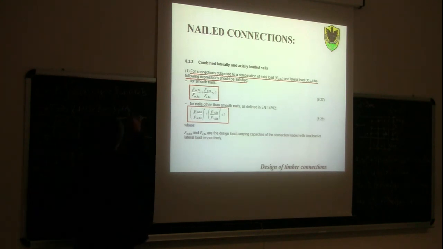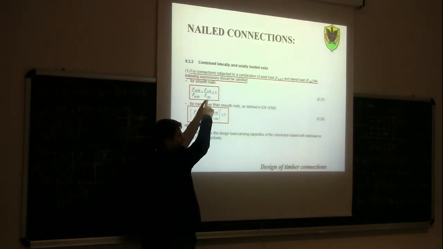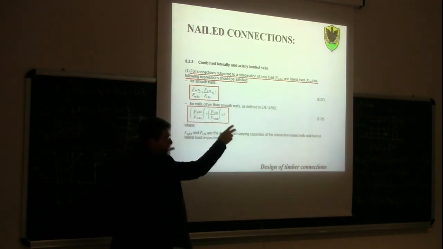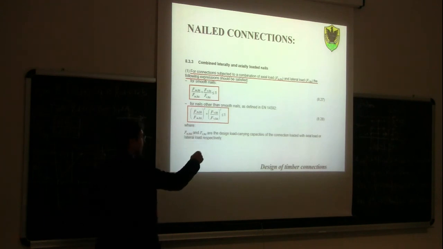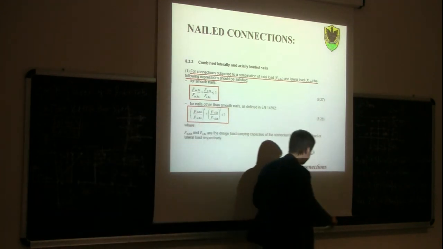In this case, since you have both axial force and shear, if you have a smooth nail, then you have to use this linear interaction criterion. If you have a ring shank nail, so nails with more friction, you have to use this other interaction criterion.